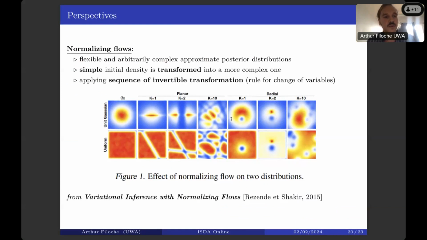But with those tools, normalizing flows, you can start from a Gaussian and shape it exactly as you want. And I also feel like this is related to the hot topic right now in machine learning with diffusion models. You don't shape the distribution yourself, but you can have an arbitrarily complex one.